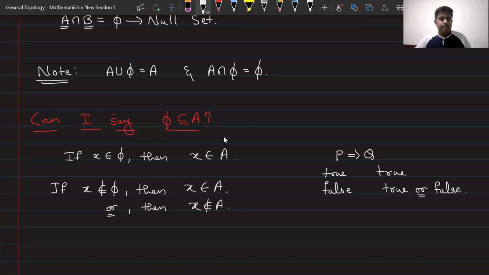You can see that in both cases we don't have any problem. The definition of subset is still satisfied because x is not in phi, but still x is in A. That means we can still write phi as a subset of A, because if x is not in phi, x can still be in A. There is no violation of the definition. And if x is not in phi, x is not in A, even here there is no violation of the definition. So with these two, I can write phi is a subset of A. It's vacuously true.